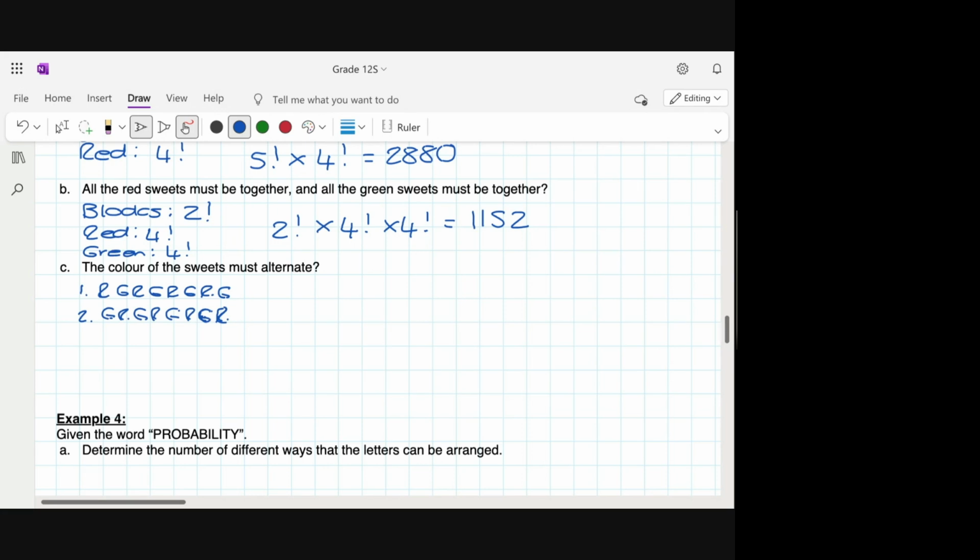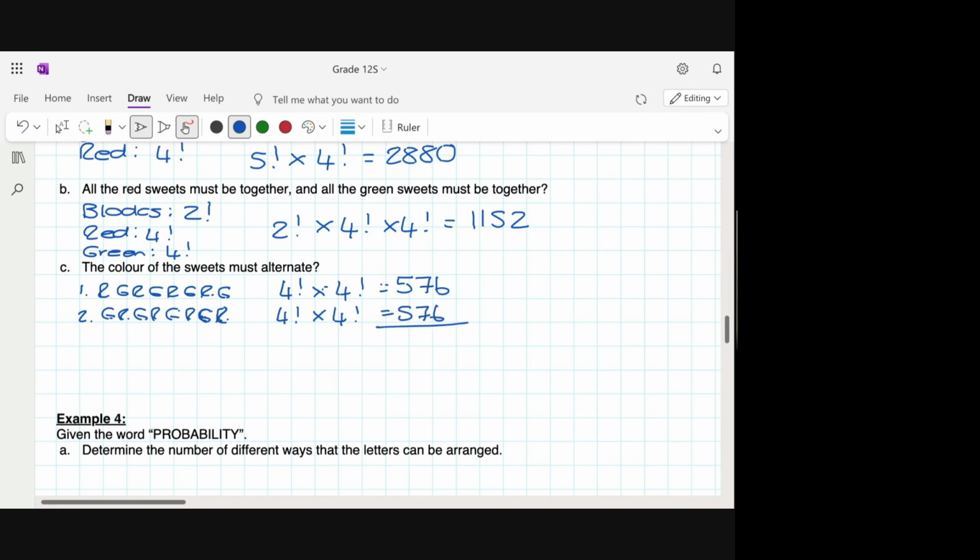So if they go this first way, I want to have 4 factorial times 4 factorial because I want them to be in order. So for the first one, 4 factorial times 4 factorial gives me 576. But if I want them to start the other way, if I want them to start with the green first, then it's still going to be 4 factorial times 4 factorial, which gives me 576.